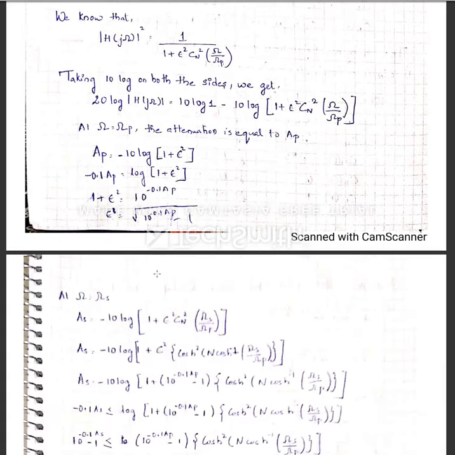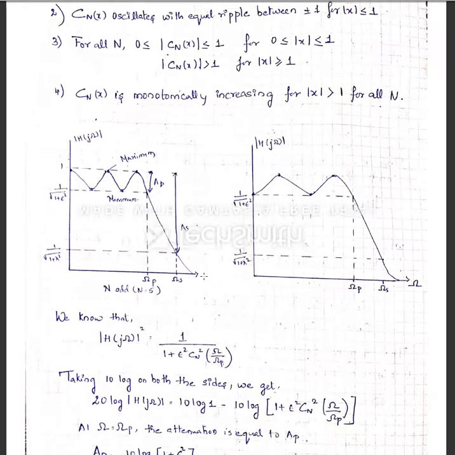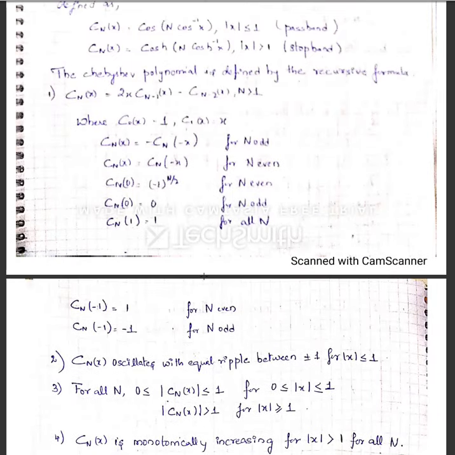Similarly, at omega equals omega s, what are we doing now? Instead of omega, we are substituting omega s, so this term is not divisible, so we take an expansion for this, considering the equation as Cn(x). So what is Cn of x given as?